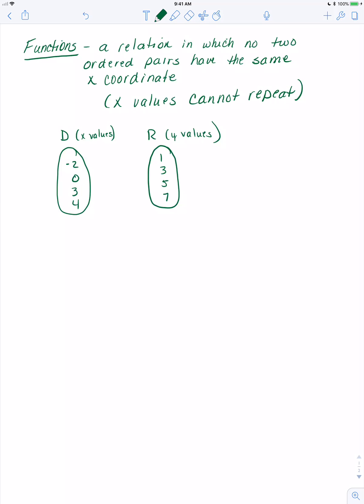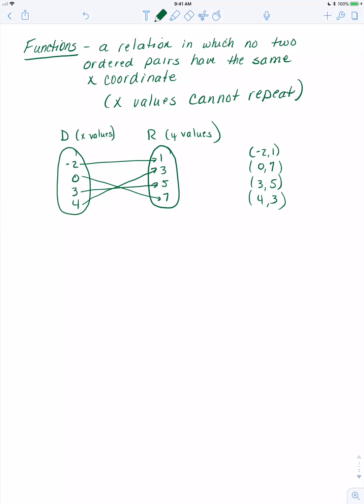And let's just say if this goes to this, this goes to this. So from that, we can look at that and say, well, all of our ordered pairs over here would be -2, 1, 0, 7. It's the one it's pointing to. 3 is 5. And 4 then is 3.